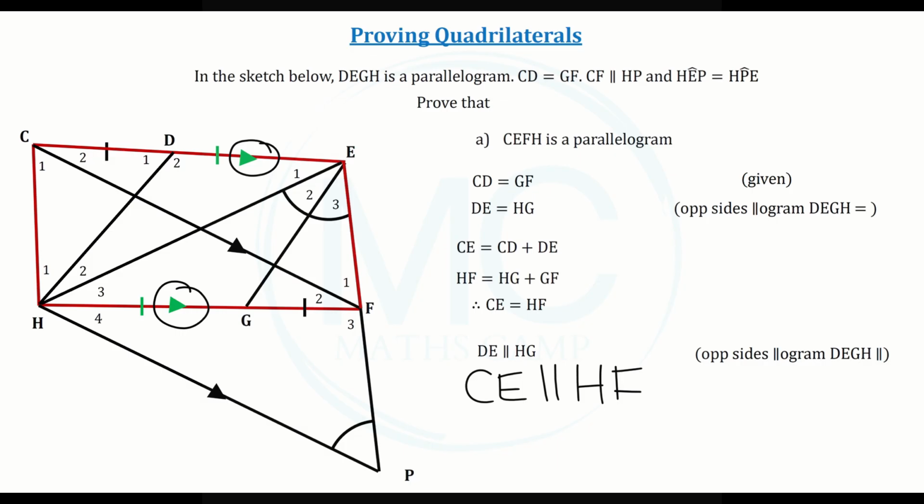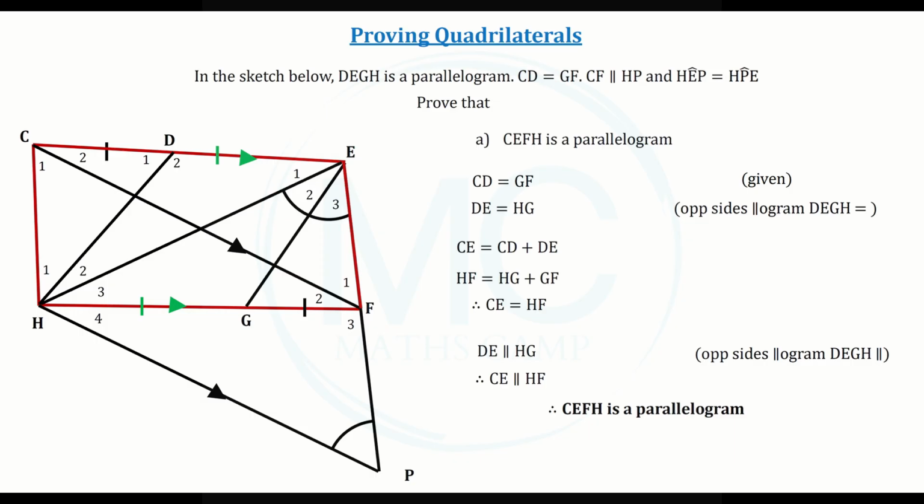Now we've proven that CE is equal to HF and that these two sides are parallel. This is enough evidence to prove that CEFH is a parallelogram. So as our answer, we can say CEFH is a parallelogram because one pair of opposite sides are equal and parallel.